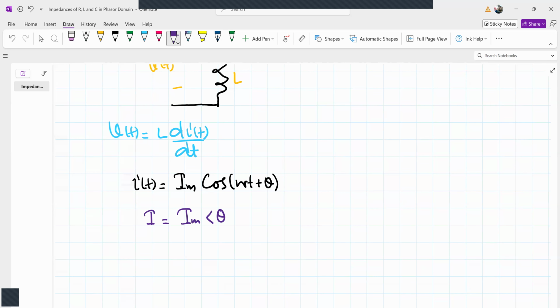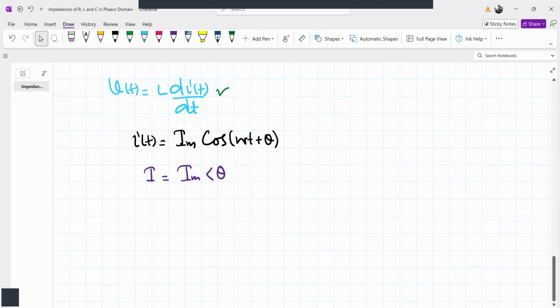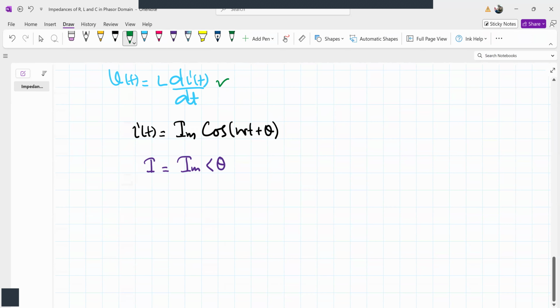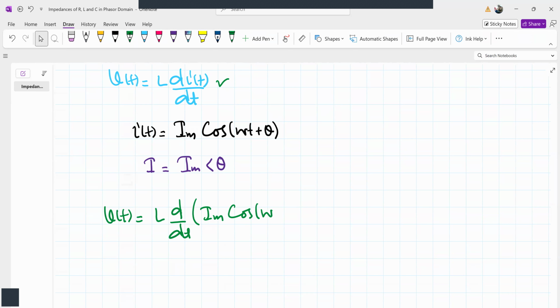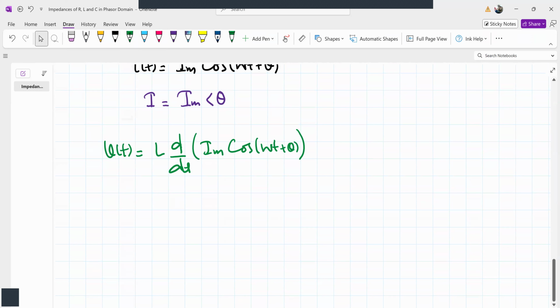This we learned in the previous session. So substituting the value of i of t, what will be v of t? v of t will be L d by dt of Im cosine of omega t plus theta. Im is a constant, so it will come out of the differentiation.